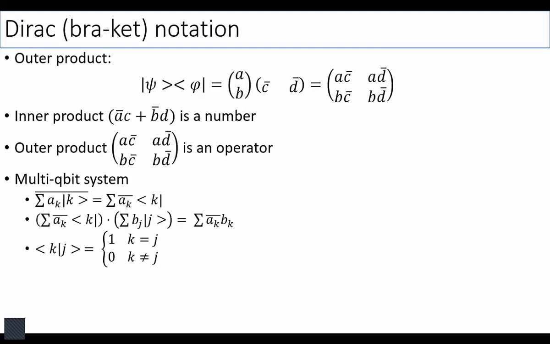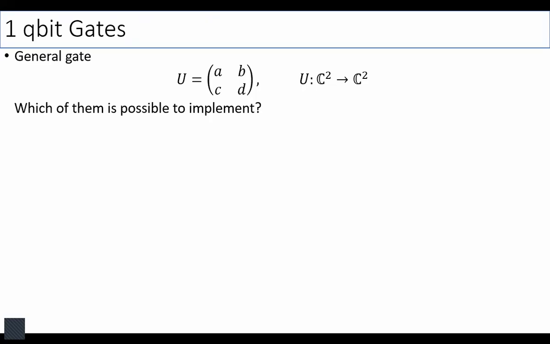So this was a notational remark. Now let me move to the theory proper, and today I will speak about 1 qubit gates and 2 qubit gates, that is, what acts on 1 and 2 qubits.